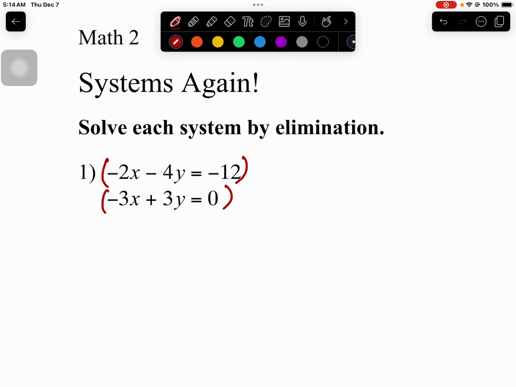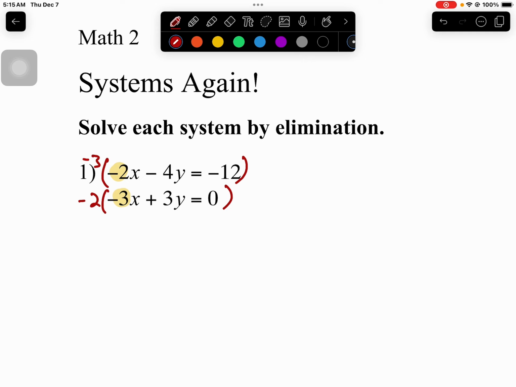So here's what I'm talking about. You have negative 3 and negative 2, all right? So what you do is you multiply the top one by negative 3. And you multiply the bottom one by negative 2.